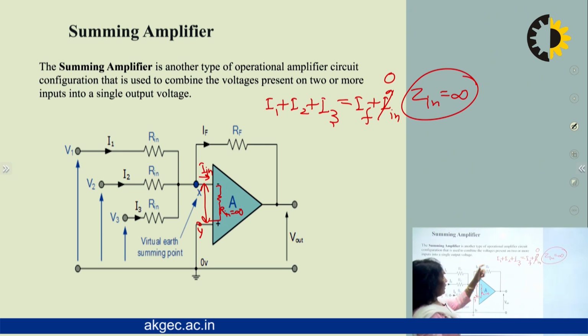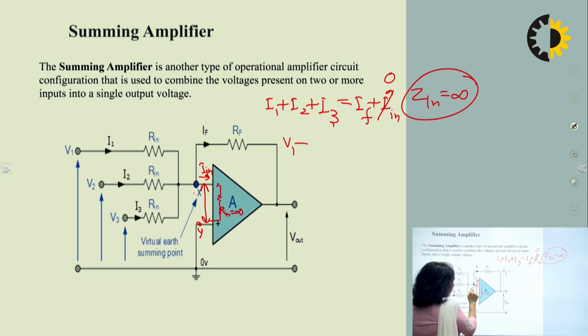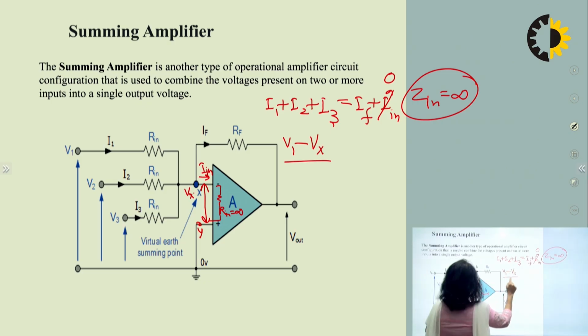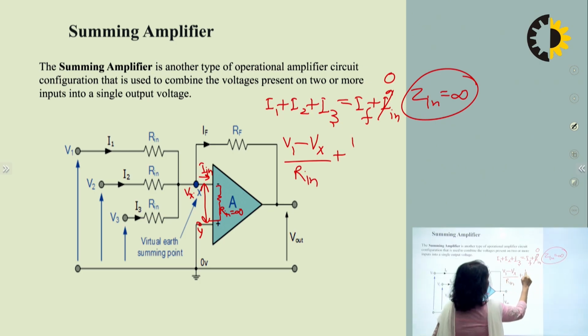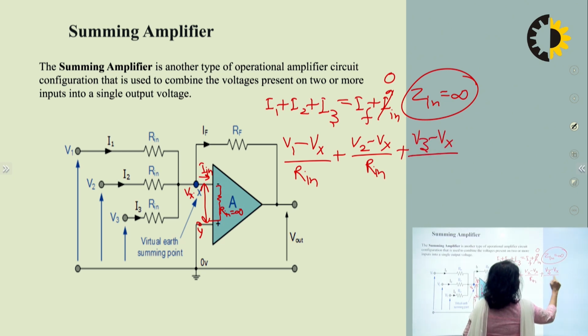Now we can rewrite this equation in terms of the voltage and the resistance. So I1 will be equal to V1 minus Vx, suppose at this point the voltage is Vx, divided by R input, plus V2 minus Vx divided by R input, plus V3 minus Vx divided by R input, that is equal to IF.